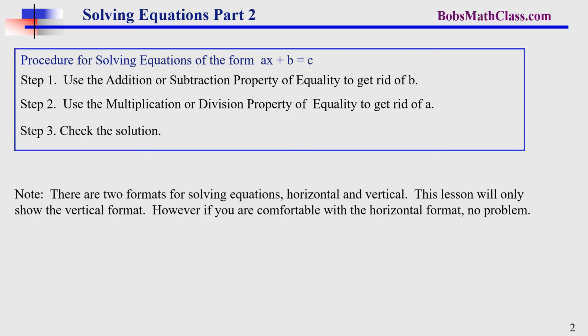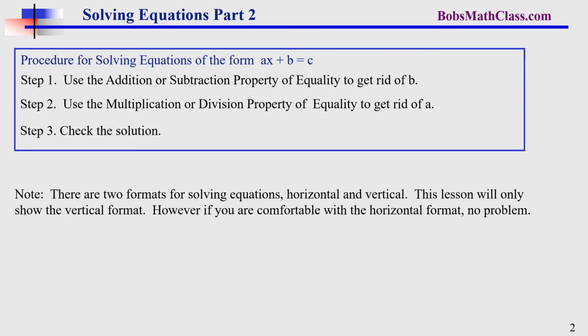Here's our procedure for solving equations of the form ax plus b equals c. Step 1, use the addition or subtraction property of equality to get rid of b. And then step 2, we're going to use the multiplication or division property of equality to get rid of a. And in step 3, it says check the solution.